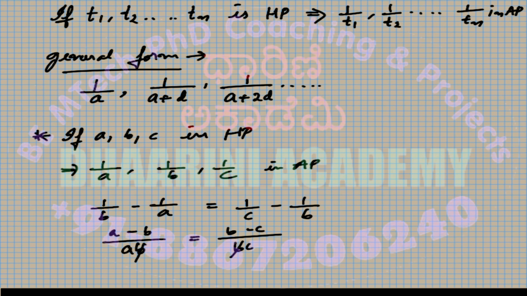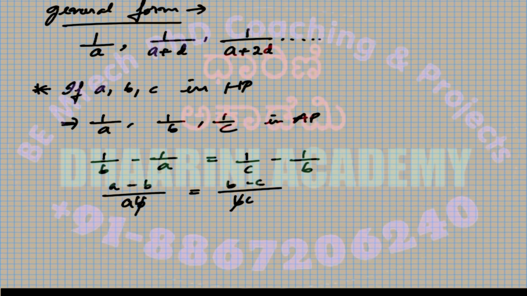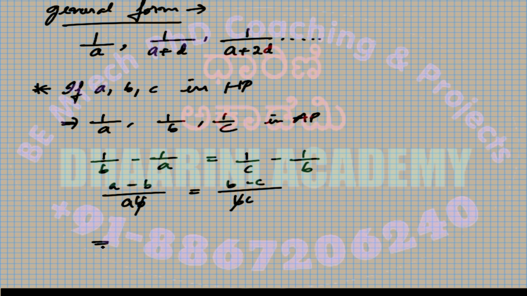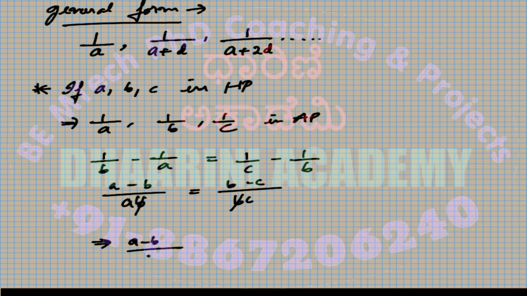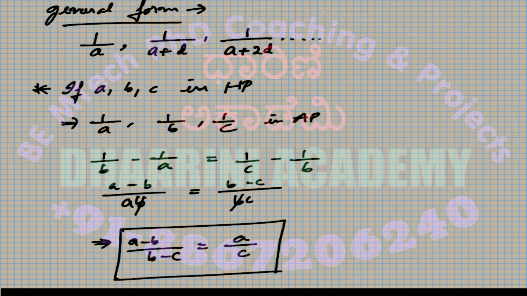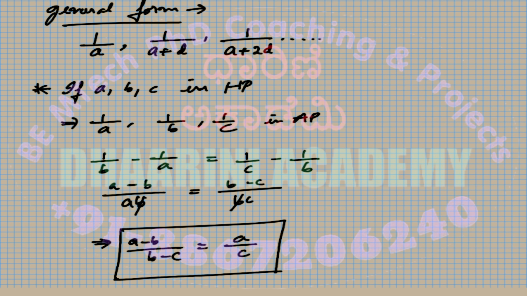So because of this, we can write one very important condition, that A minus B divided by B minus C should be equal to, I'll move A to the other side, so this is A by C. So if the 3 terms are in HP, then this condition should be satisfied. For any 3 consecutive terms in HP, this condition is satisfied.